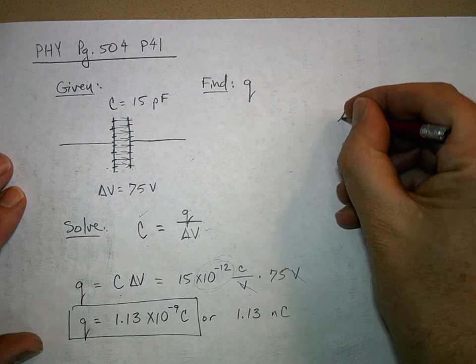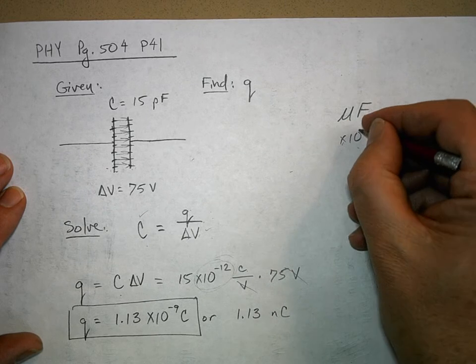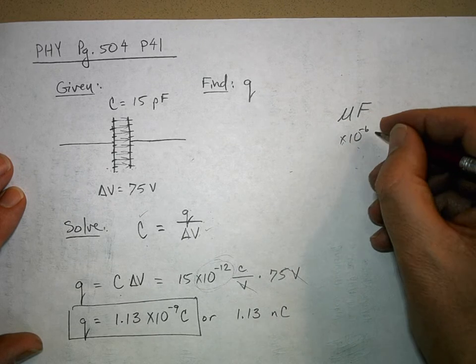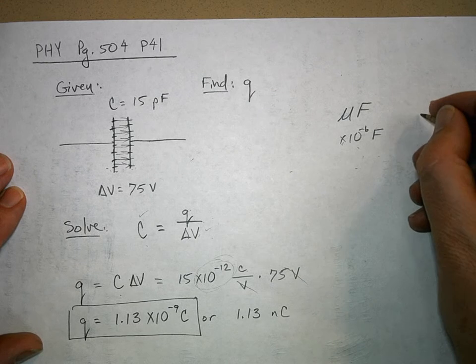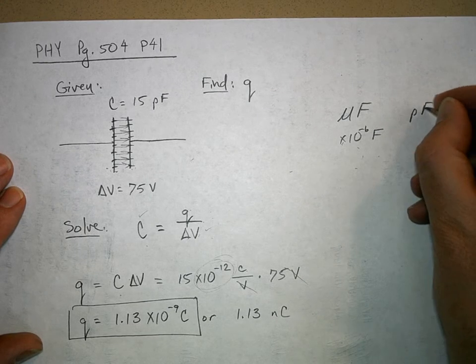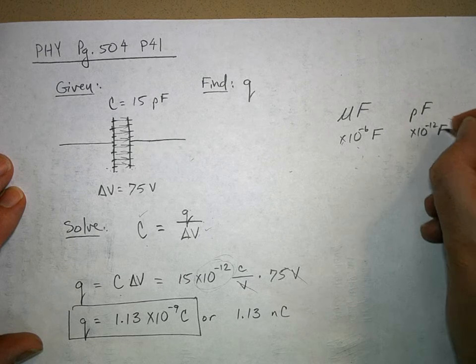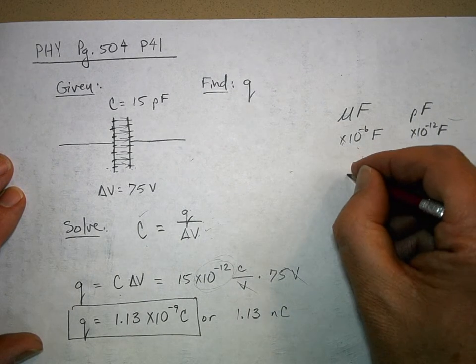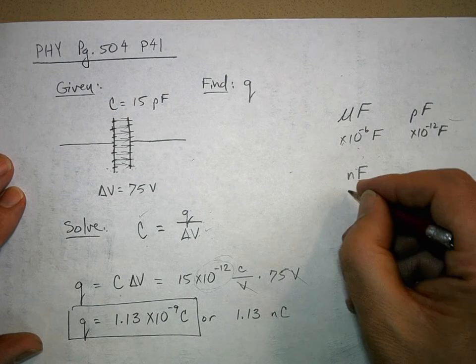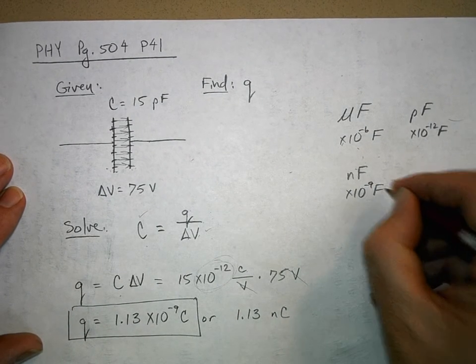We have microfarads, which means times 10 to the negative 6 farads. Or we'll have picofarads, which is times 10 to the negative 12 farads. And sometimes you'll see nano. If you have nanofarad, that's times 10 to the negative 9 farads.